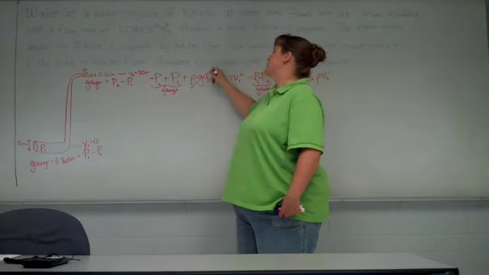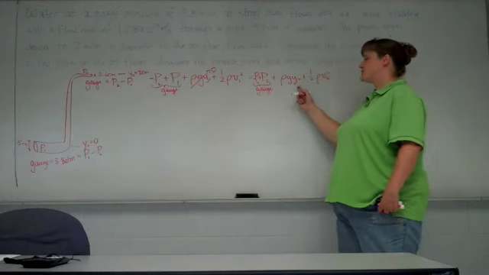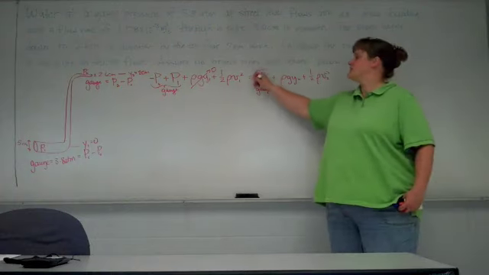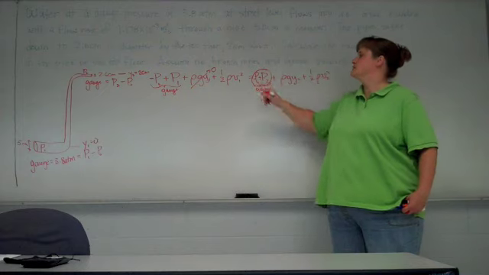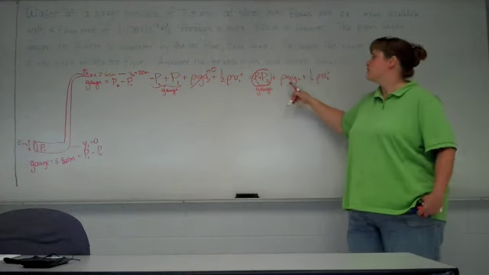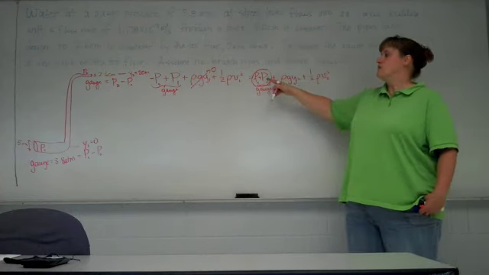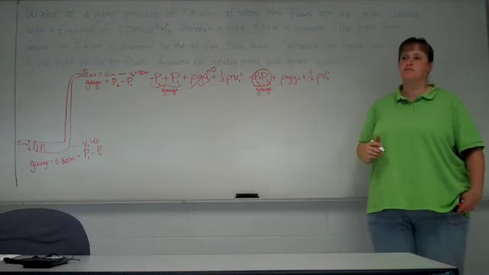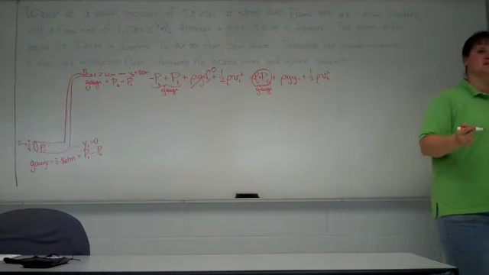So y1 is 0, y2 is 20 meters. This is what we're looking for. We know this. We know this. We need to figure out the speeds in order to finish the problem. We need to know how fast the fluid is moving.